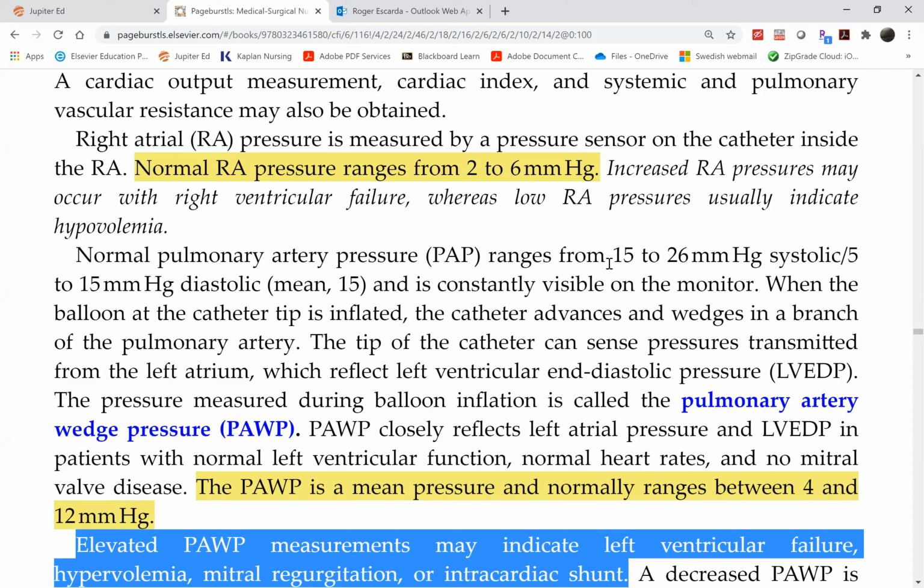This will tell you what's going on inside the heart before it leads to the point that the patient has symptoms. As the patient's heart is failing in real time, you see it happening with the use of a pulmonary artery catheter.